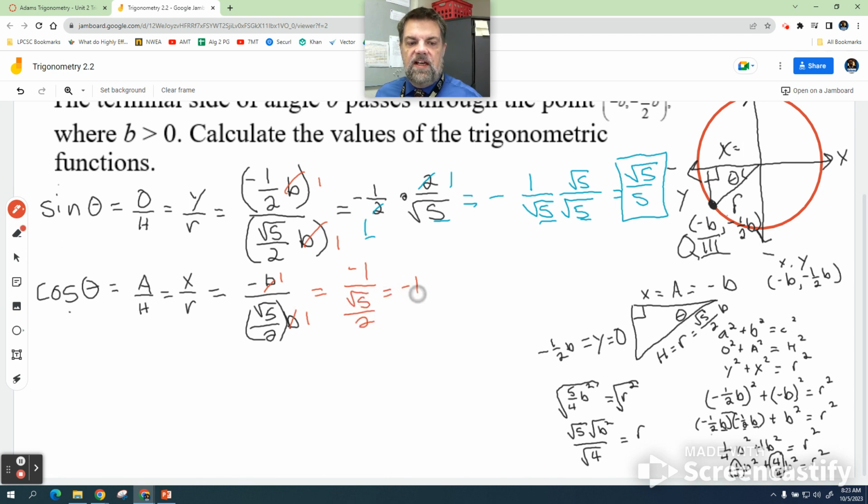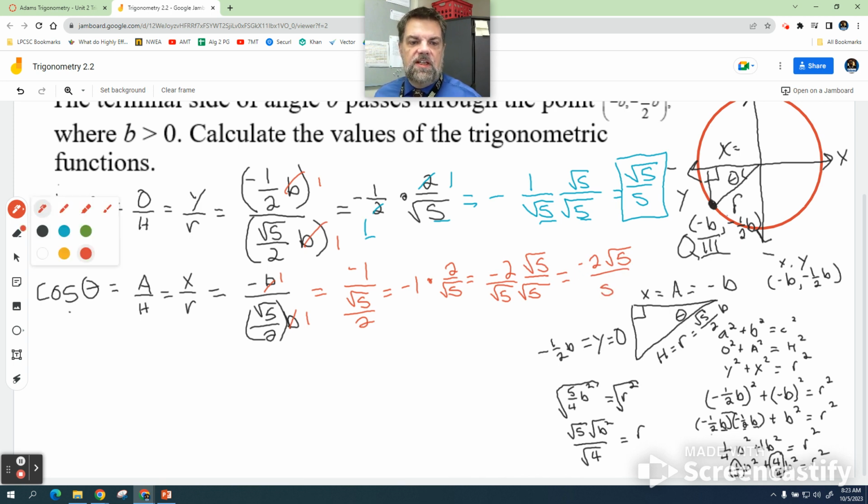That's the same as negative 1 times 2 over the square root of 5. That's the same as negative 2 over the square root of 5. We're going to hit the top and bottom with the square root of 5, and then we get negative 2 root 5 all over 5.